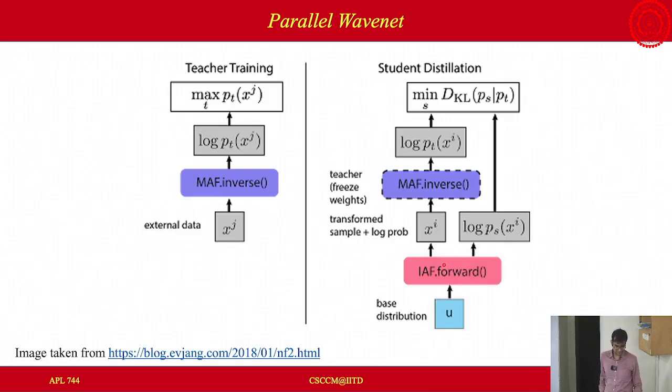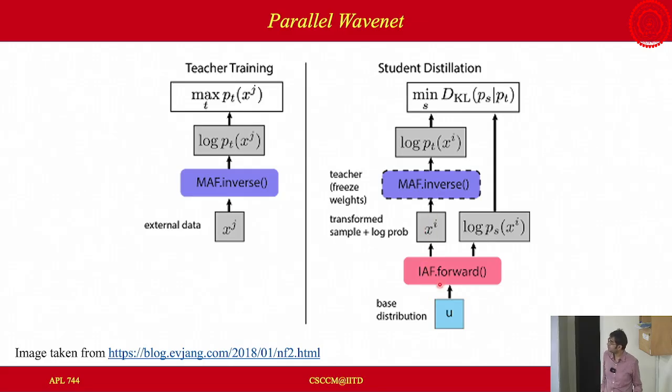Training reduces actually, because if you did not have that teacher, right? Then what will happen is that with this you are not generating samples. You are generating samples here, but are you training for it? No, right?